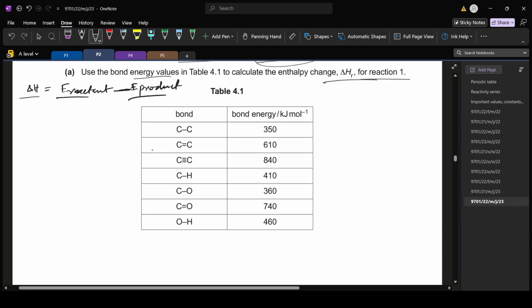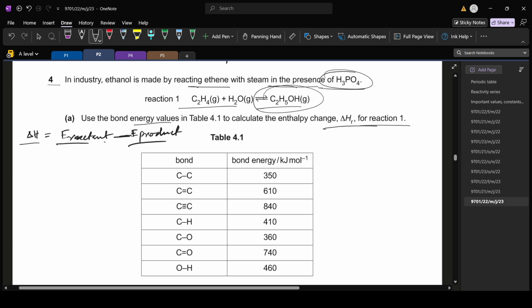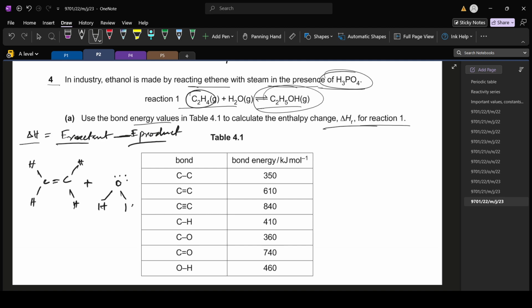Okay, you are given the bond energies. If you see the structure of ethene, this is C2H4. The structure of ethene is like this. Then you have the water molecule, and it has a structure like this, with two OH bonds.